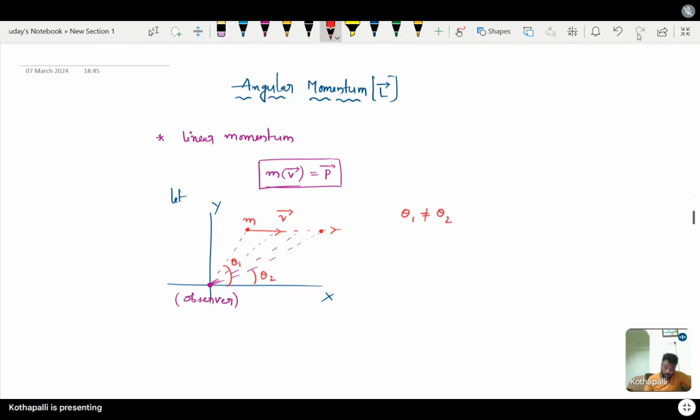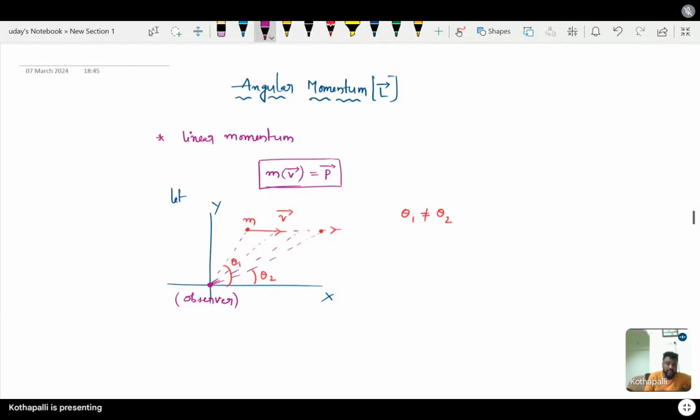That means to this observer, it appears like it is in rotational motion. That means to this observer, the momentum of this object, which is mv, appears to be changing with respect to position, changing with respect to angle. So to him it looks like a rotational momentum, which means angular momentum.